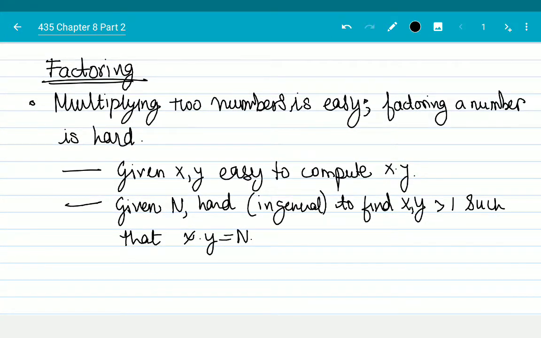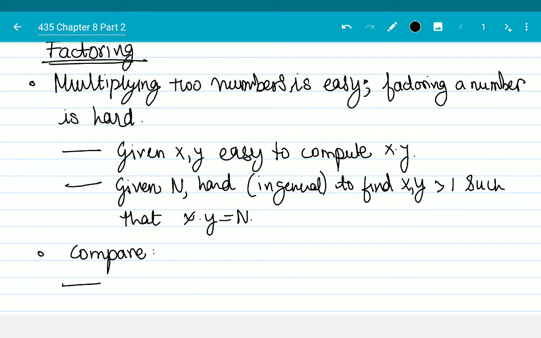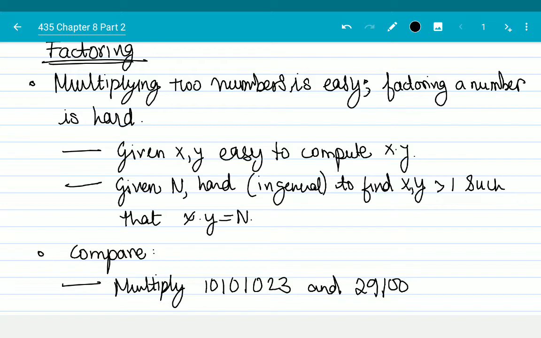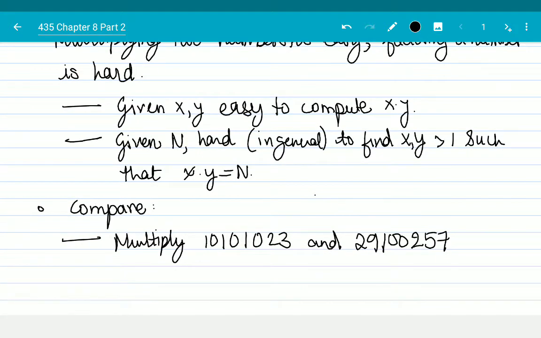For example, compare the two problems. Multiply 1010 1023 and, let's say, 29100257. You can do it.